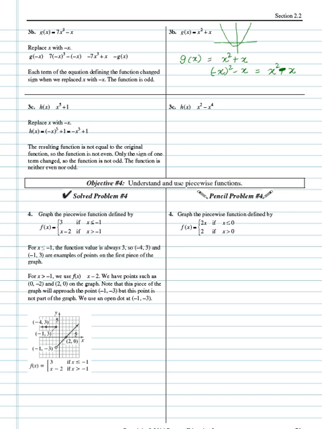So when I get x squared minus x, it's not negative of g of x, and it's not equal to g of x. So in this case, g of negative x is not equal to negative of g of x, nor is it equal to g of x. So it's neither even nor odd. So it's neither.